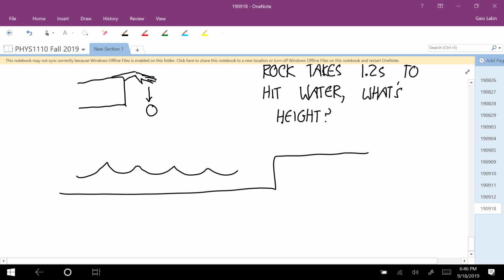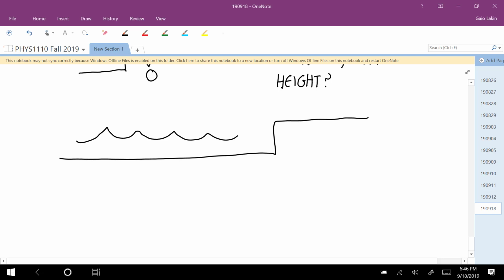Okay, well, let's just go through the steps. This is a constant acceleration problem, so we're going to use those same three equations. The one thing that you have going for you in any free fall projectile motion problem is you know the acceleration before you start. You never have to solve for that. So first, we have to make those choices.